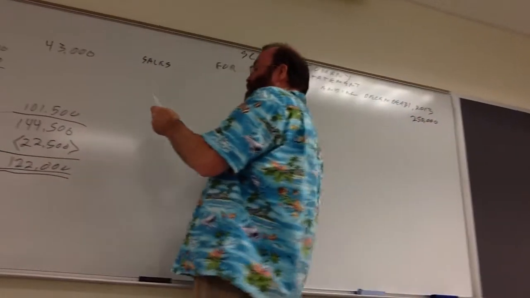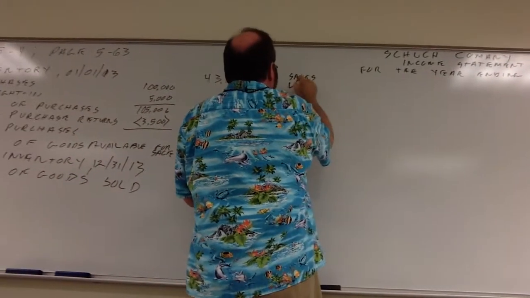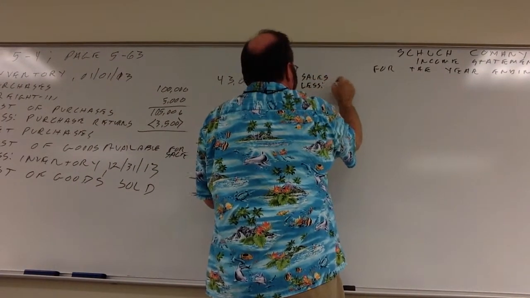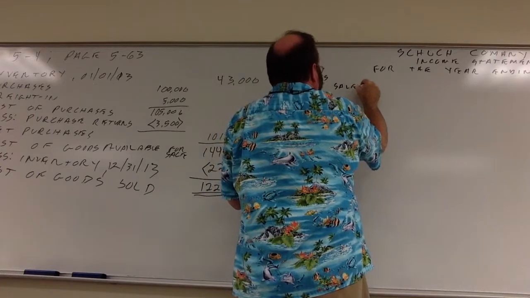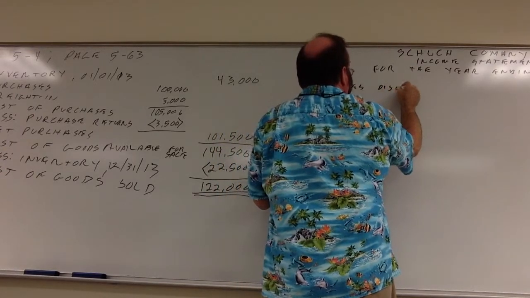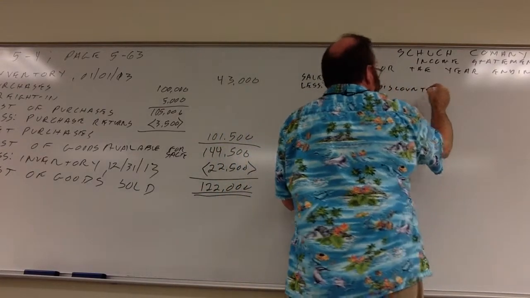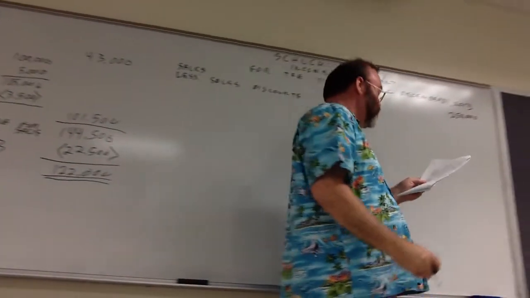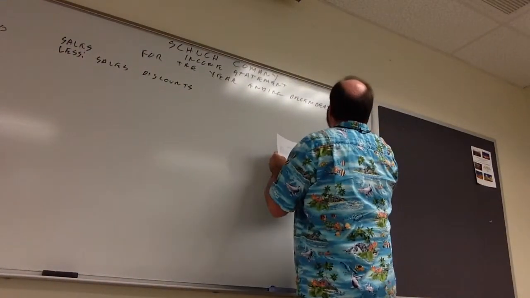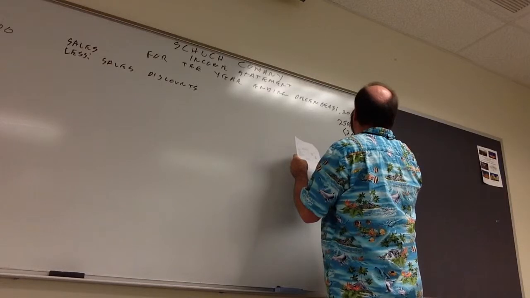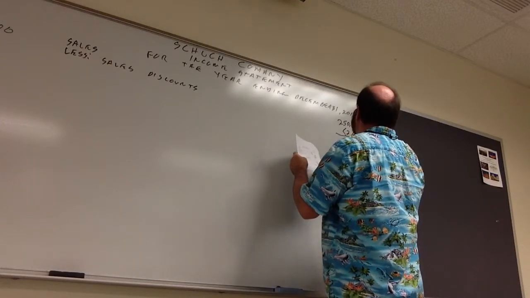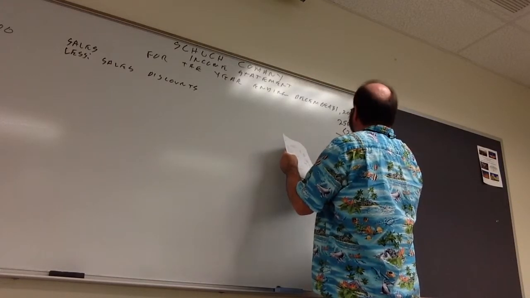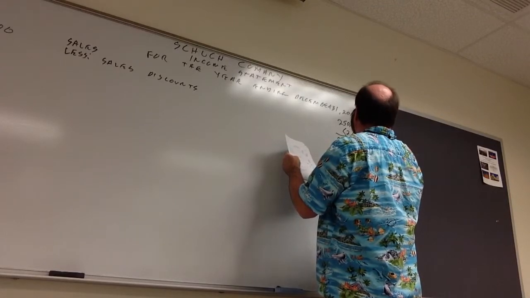From that, you're going to subtract sales discounts. So you are offering your customers some sort of percentage off of their total invoice to get them to pay you early. So net sales are $248,000.